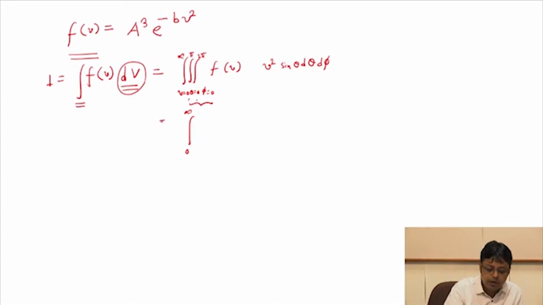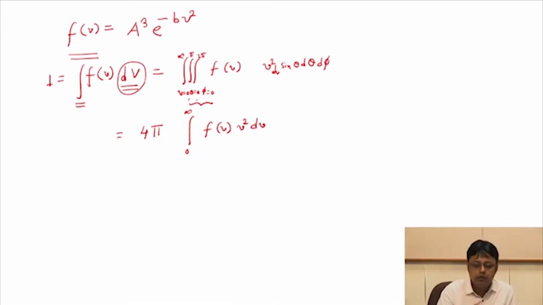So let me write the other values. The integration over theta and phi gave 4 pi, and then there was a v square and a dv, and we had basically f of v square dv.